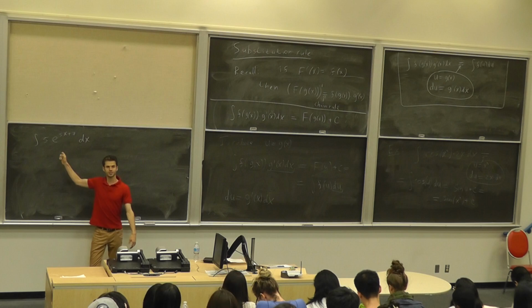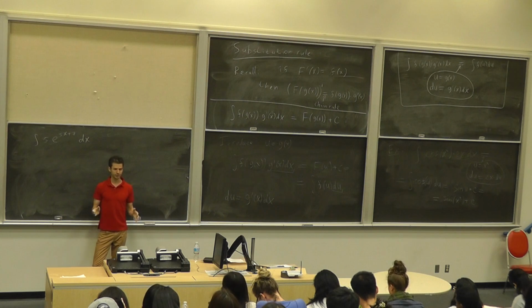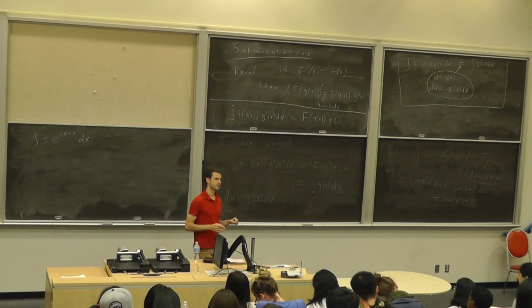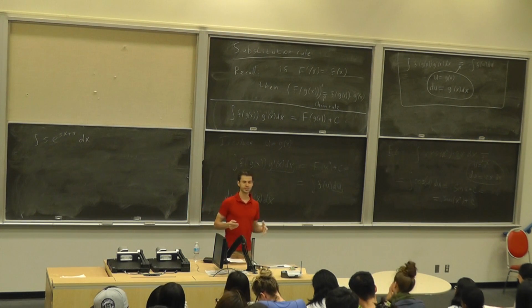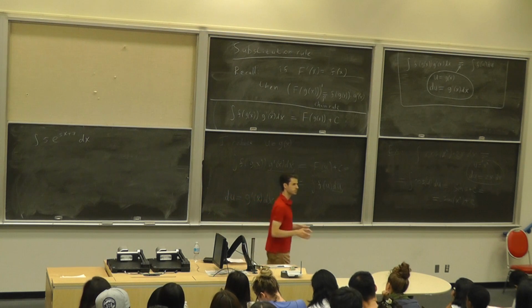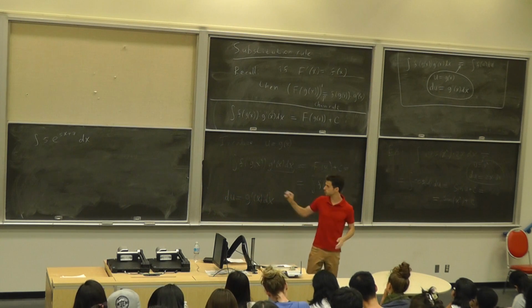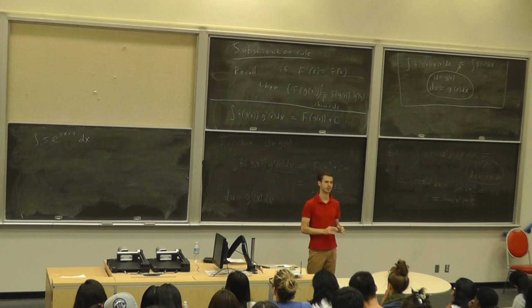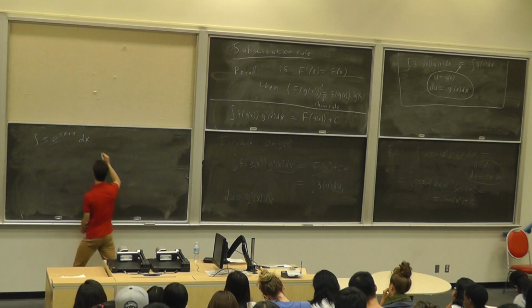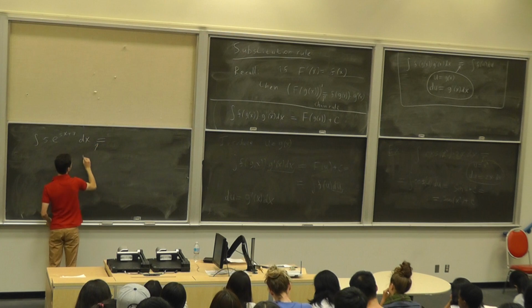We would argue that this function resembles e to some power. That's the good thing. The bad thing is it's not quite e to the power x, whose derivative you know just from memory. It's e to the power 5x plus 7. So the idea is, let's take this 5x plus 7 and give it a name.